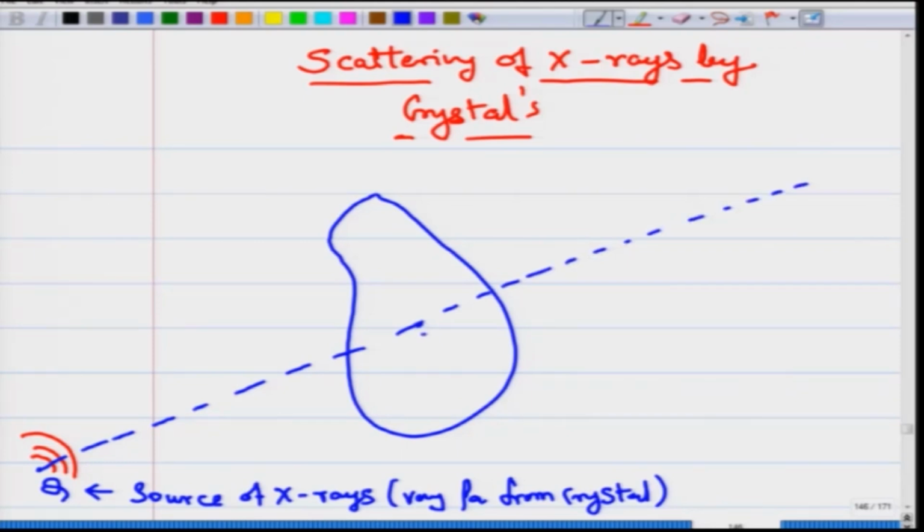It intersects with the crystal at point O, and let point P be some point on the crystal.